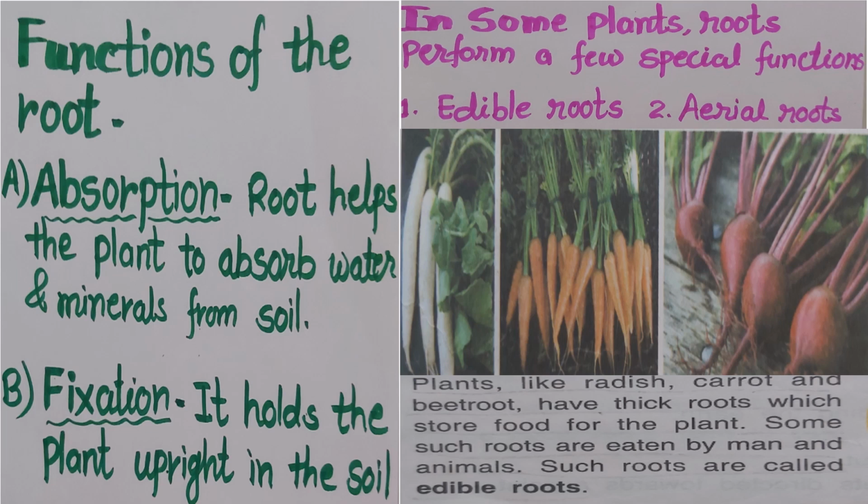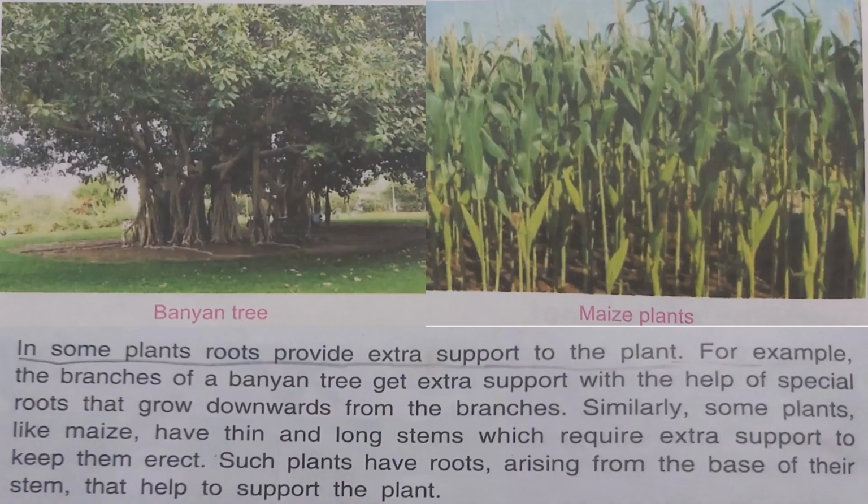These are examples of edible roots. They are very delicious and nutritious and add variety to the diet, because here the roots perform a special function, and they have thick roots which store food for the plants.